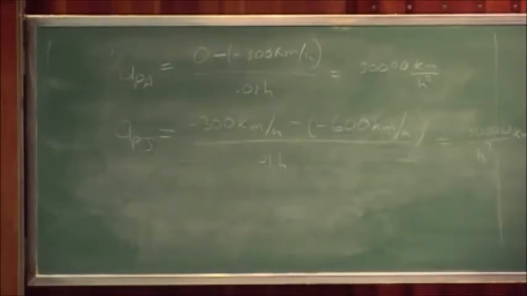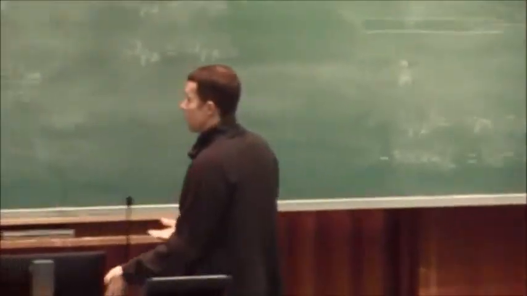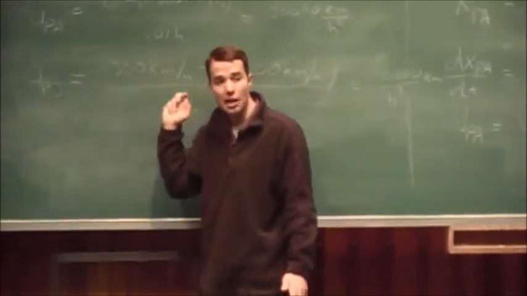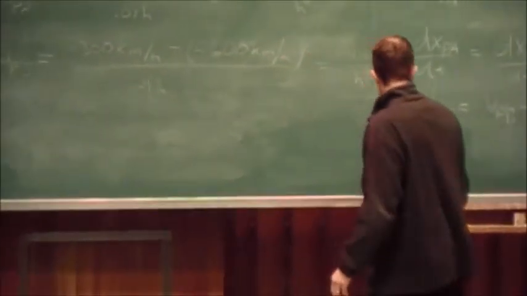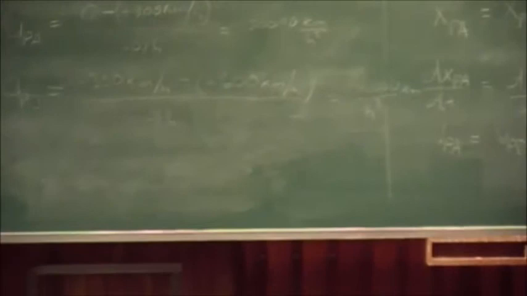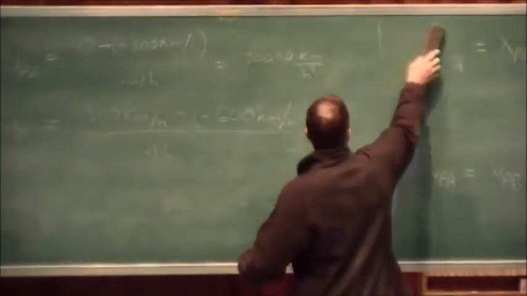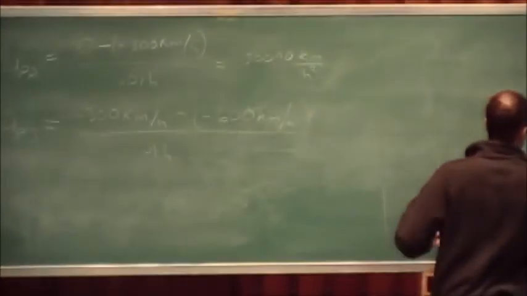So I get 30,000 kilometers per hour squared. So you just have to remember that the final and initial velocity are different for me, but the difference is the same. Okay? So now let's do relative motion in 2 dimensions.